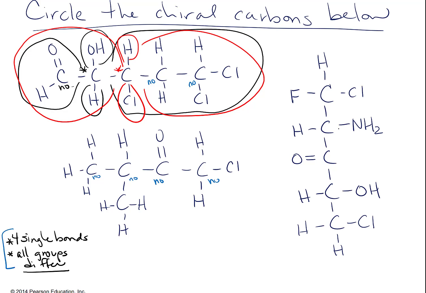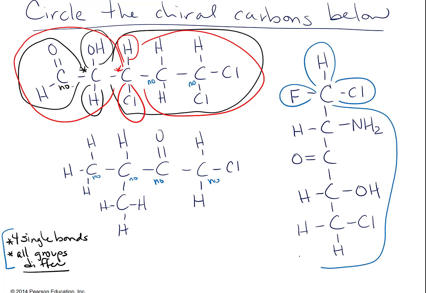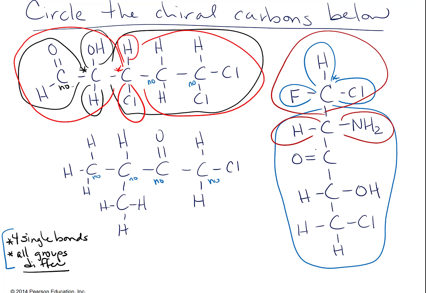Coming down to this last one, starting at the top, I have fluorine, hydrogen, chlorine, and this whole thing. Can you see those are all different? Yes. The second one in the list, I have an NH2, I have a carbon with a fluorine and a chlorine, and I have this big group down here. Yes, that is considered chiral. The next one, no, that's not, because of the double bond.